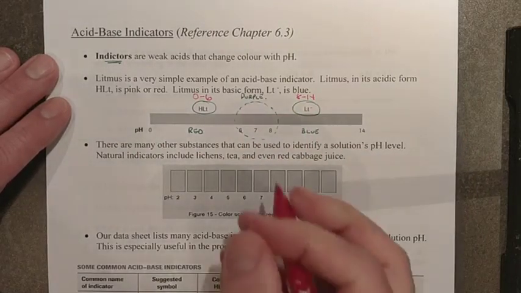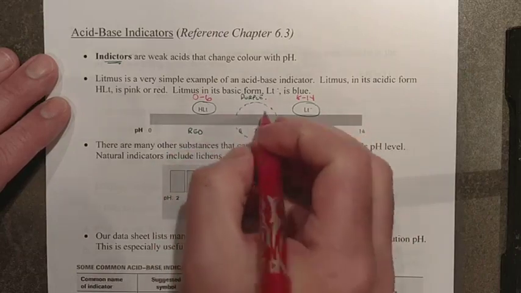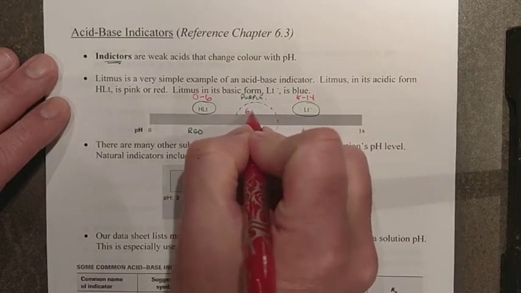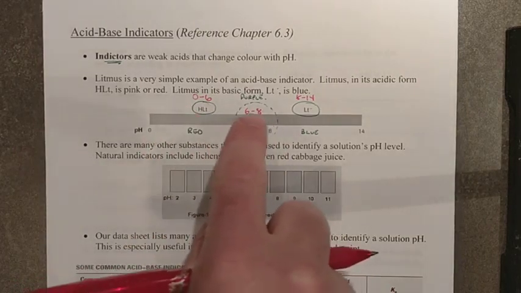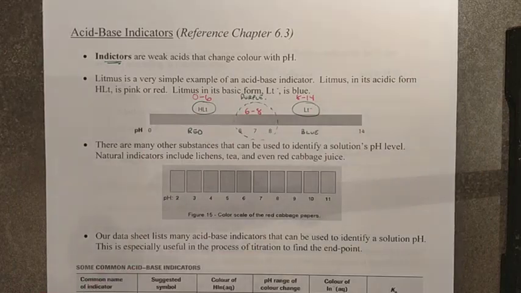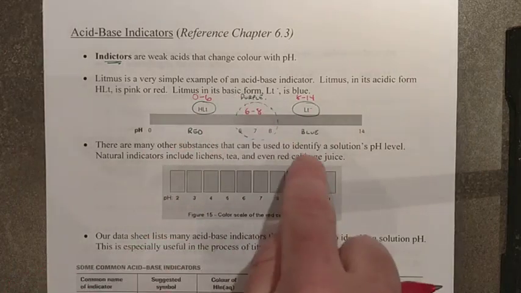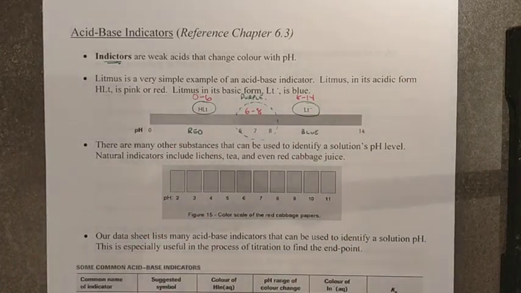If you're getting something that looks a little bit purplish, you have a transition range here, well then it is between 6 and 8. And so just given one test with litmus, depending upon the three colors that we can get, we can start to see some narrowing of the pH ranges that we have. Definitely acidic, something between 6 and 8, or 8 and 14, based upon the red, purple, or blue color, respectively.